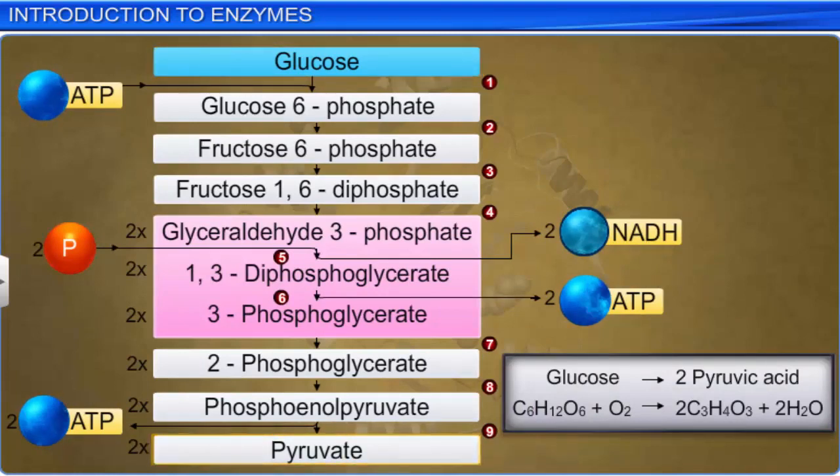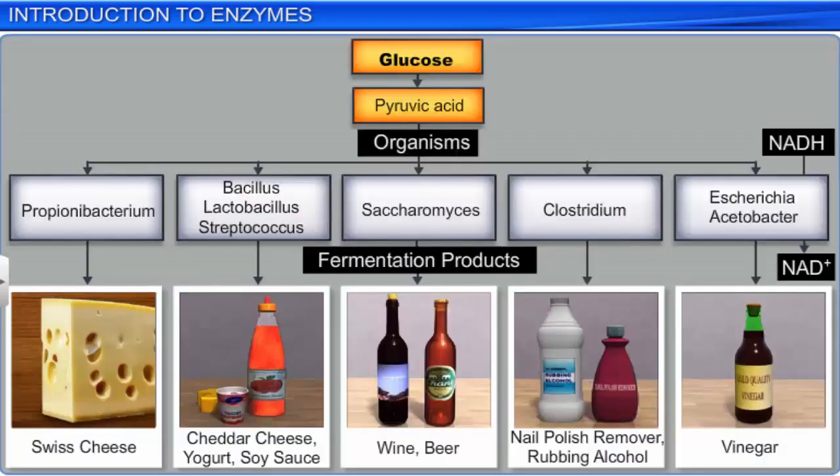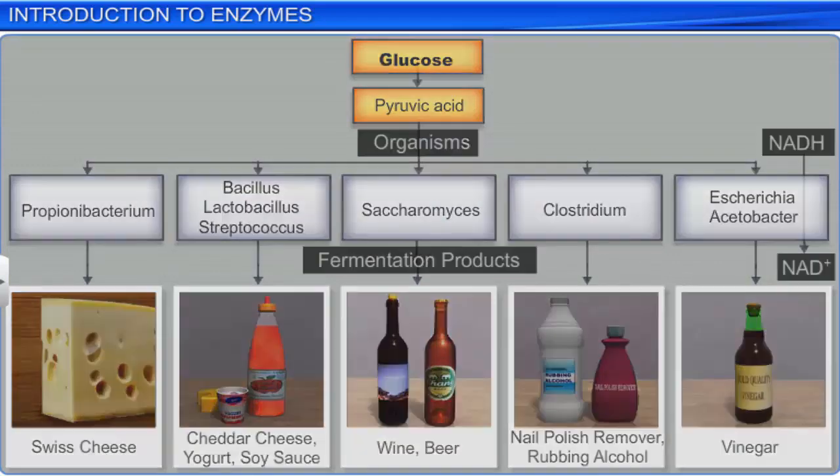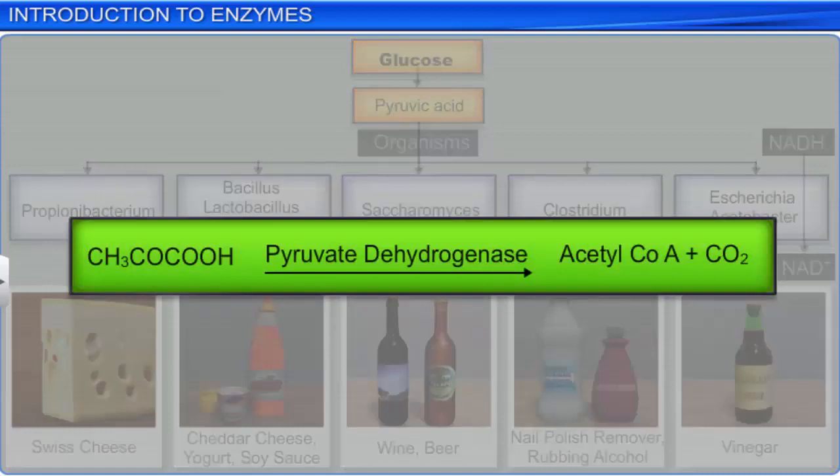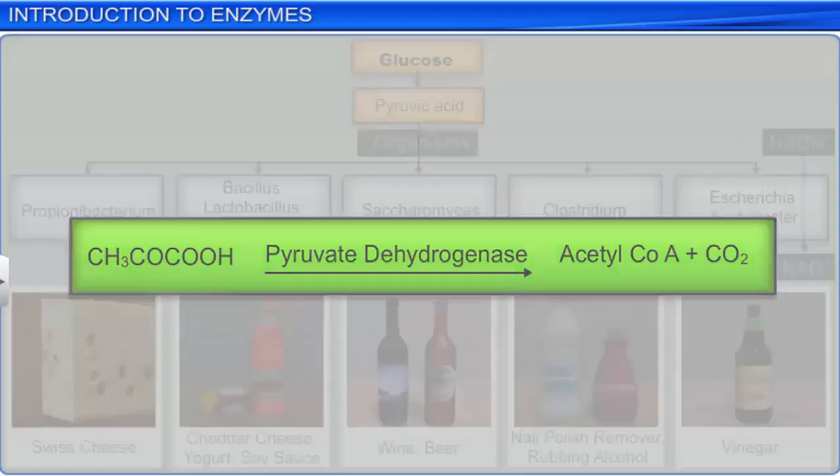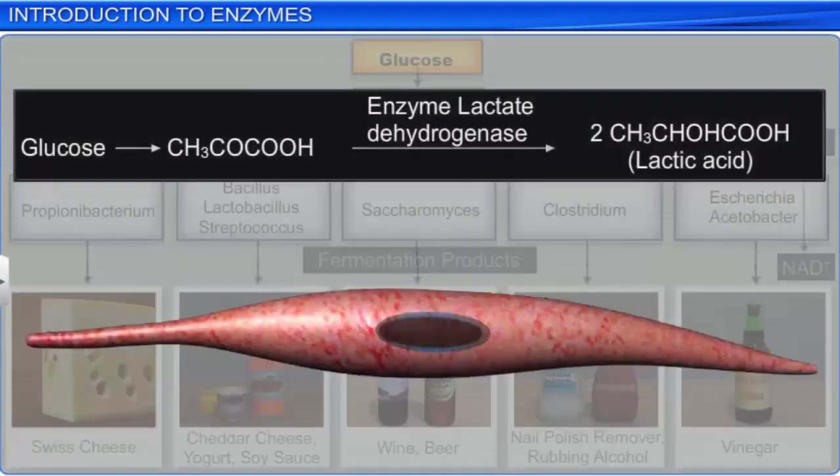Pyruvic acid yields different types of end products during various pathways. During aerobic respiration, it forms acetyl-CoA and carbon dioxide in the presence of the pyruvate dehydrogenase enzyme. While during anaerobic respiration in the muscles, in the presence of the enzyme lactate dehydrogenase, pyruvic acid leads to the formation of lactic acid.